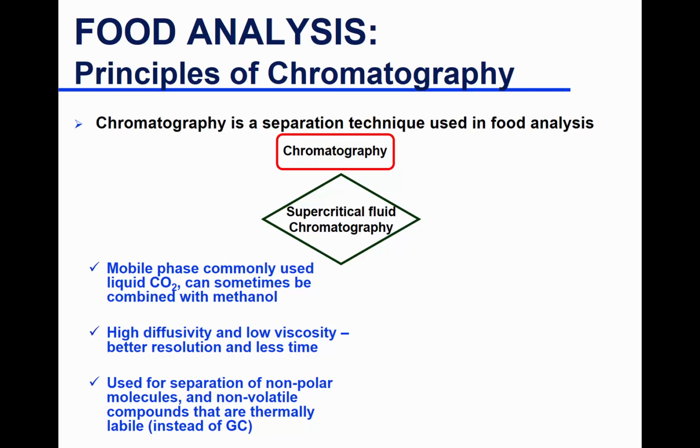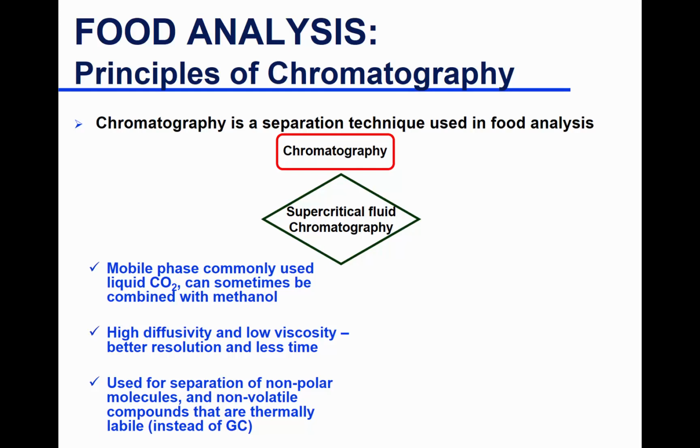So the compressed gas, the liquid CO2 has high diffusivity and low viscosity. This is a very good characteristic to have a quick run, quick analysis, as well as better separation. You get very sharp peaks, and we'll talk about peaks and sharp peaks later on.